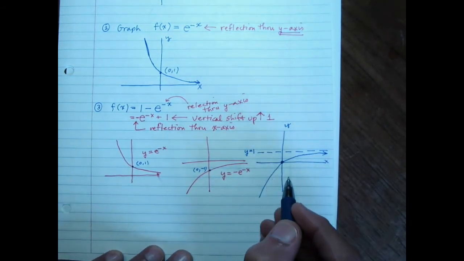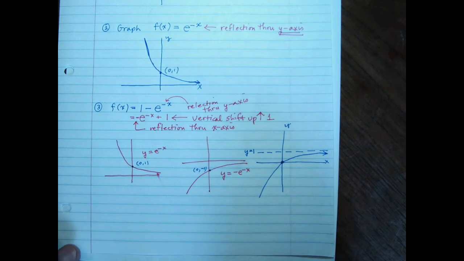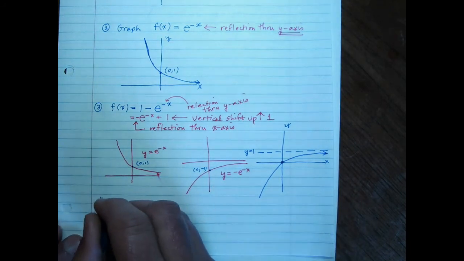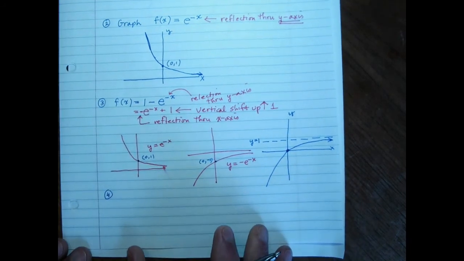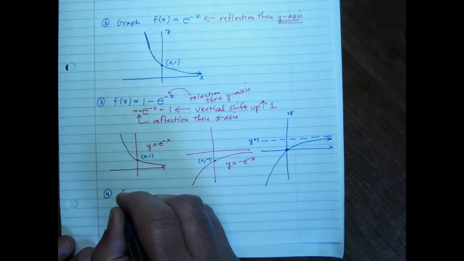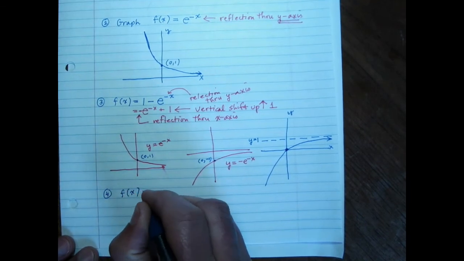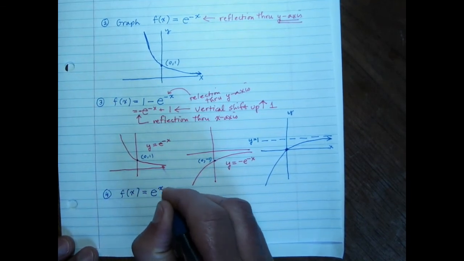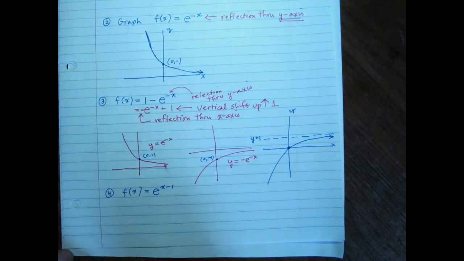So there's our final sketch of 1 minus e to the minus x. Okay, one more I wanted to do with you is f of x equals e to the x minus 1.